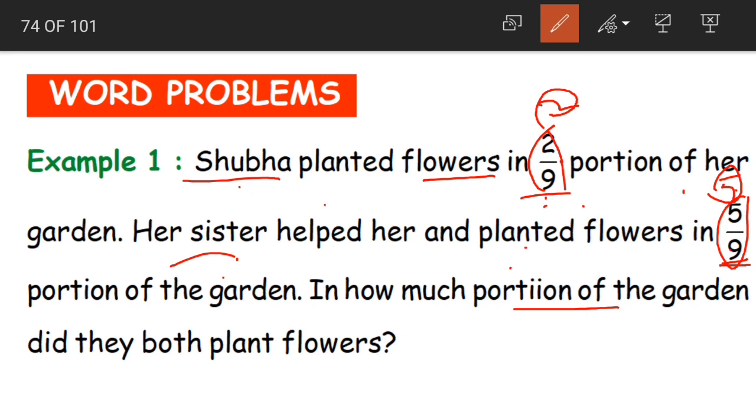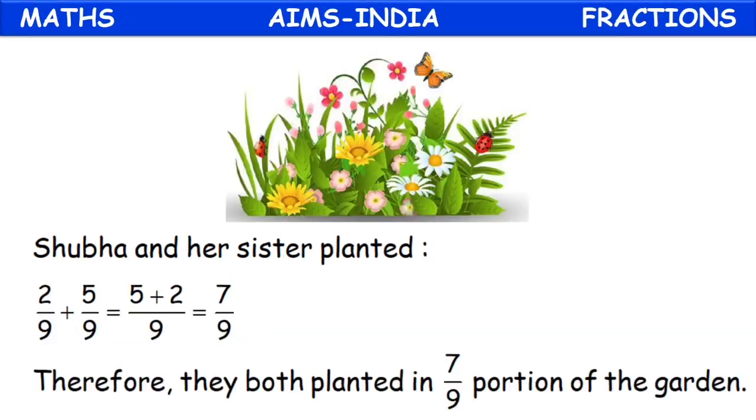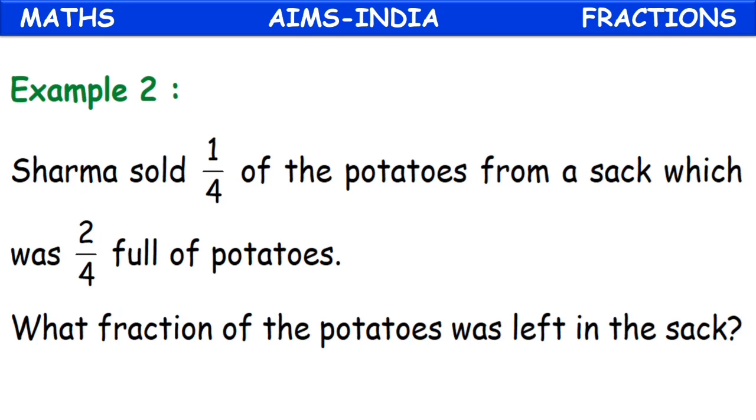Yes or no? In the same way here we need to add both of these. Which fractions? Like fractions. They are having the same denominator. So we need to add these both like fractions in order to find out the total portion in which they planted flowers. Yes, Shubha and her sister planted.